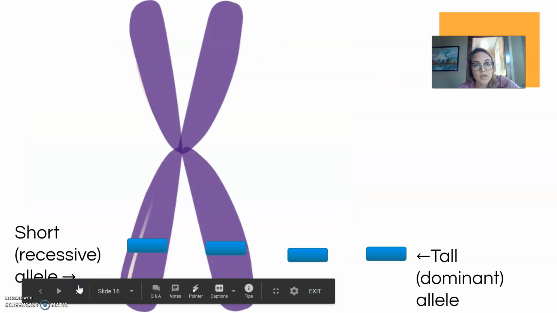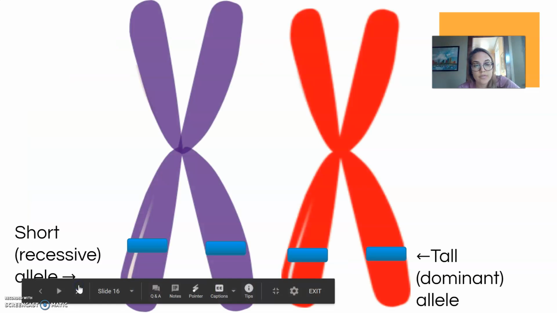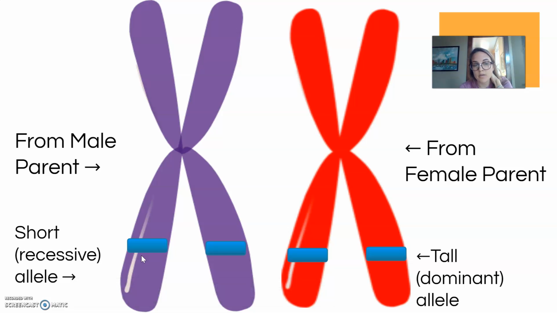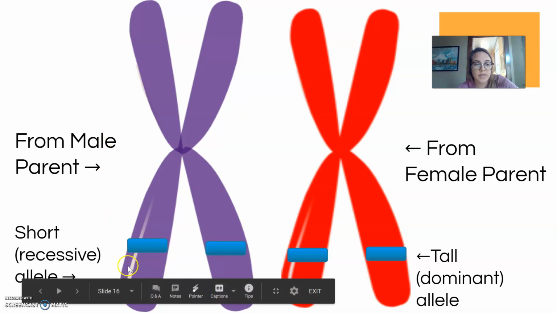Okay, so we can think of the parent chromosomes as having both parents have the same genes on them at a specific chromosome. And let's say this male chromosome has a recessive allele for plant height, and this female parent has a dominant allele.